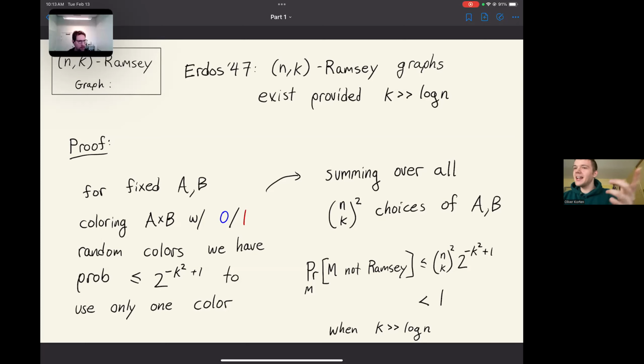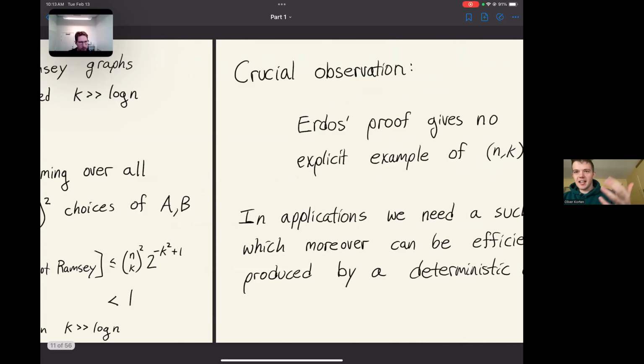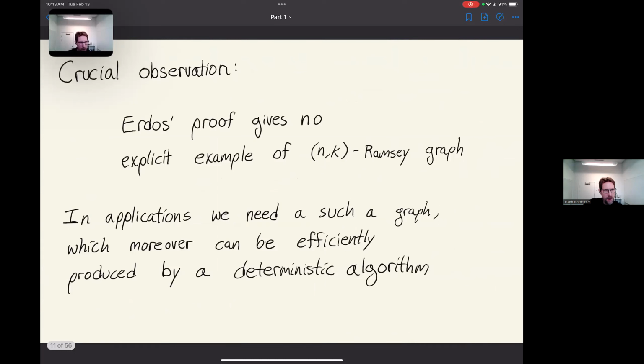Hope that made sense. Any questions? If this is confusing or I said something weird, please feel free to interrupt. So anyways, the crucial observation of this proof, which I've said again and again. There was one question in the chat: will we be assuming that the objects we're trying to construct are abundant, or can we also construct rare objects, or is the typical setting that they're all over the place?